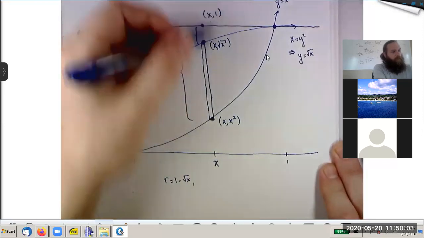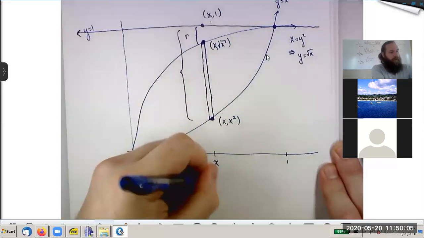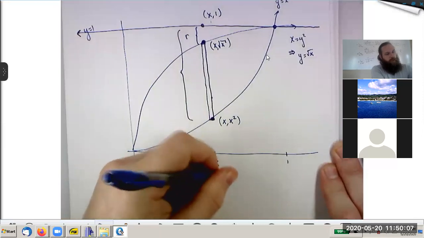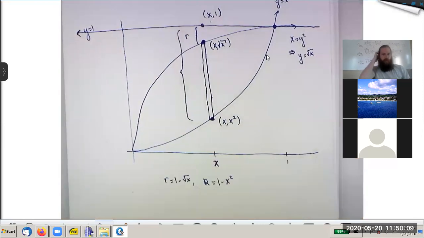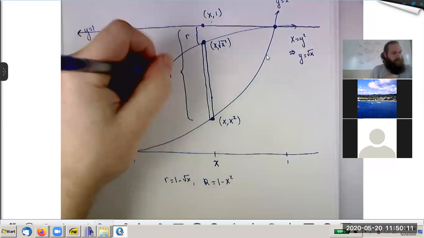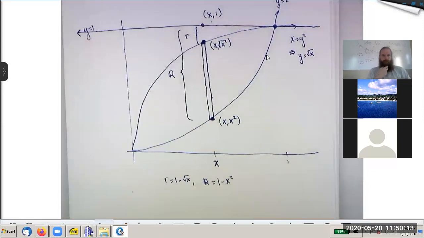This y coordinate is 1, this y coordinate is x squared, so big R has to be 1 minus x squared. Do we feel a little bit more comfortable with where that's coming from? So the 1 in both little r and big R is coming from the axis of rotation being y equals 1.